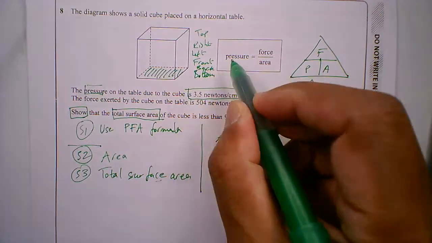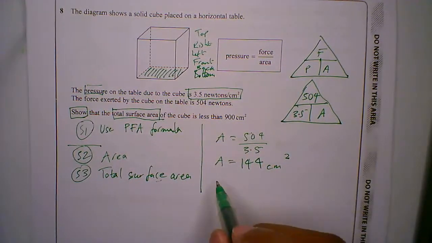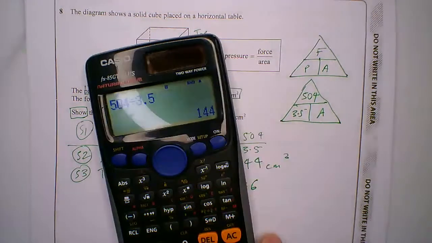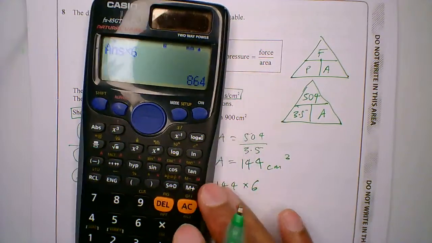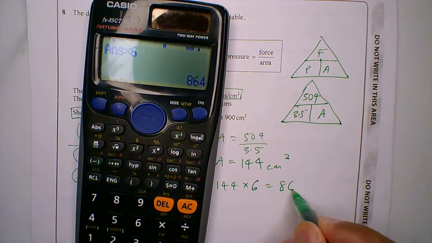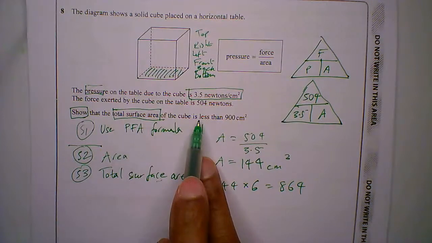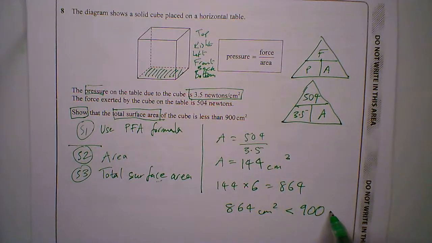So all together, I've got 1, 2, 3, 4, 5, 6 sides. So my next step is to do 144 times 6. And that gives me 864. And the question says the total surface area is less than 900. So 864 centimeter squared is less than 900 centimeter squared.